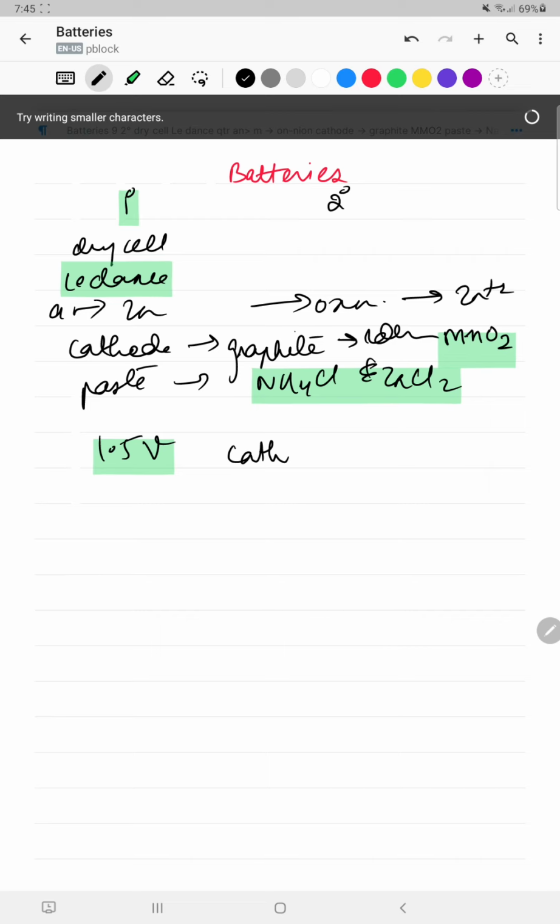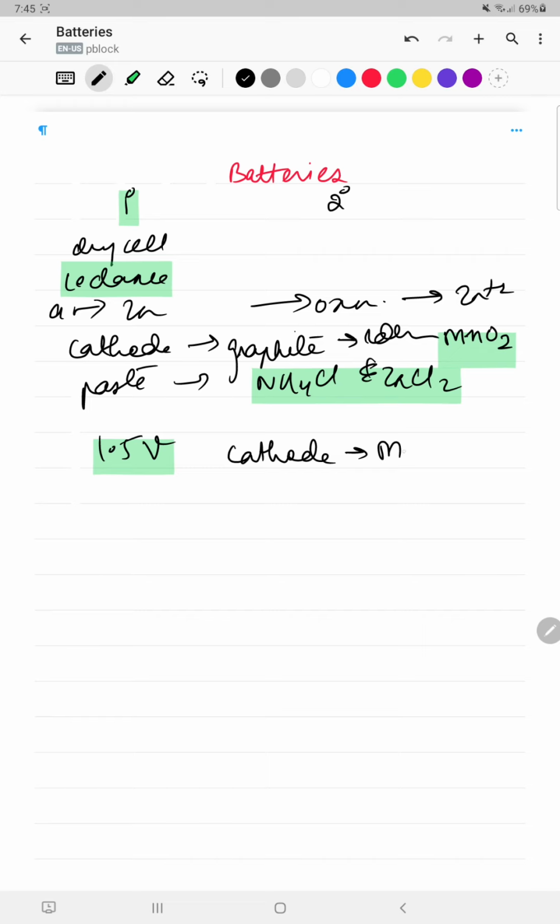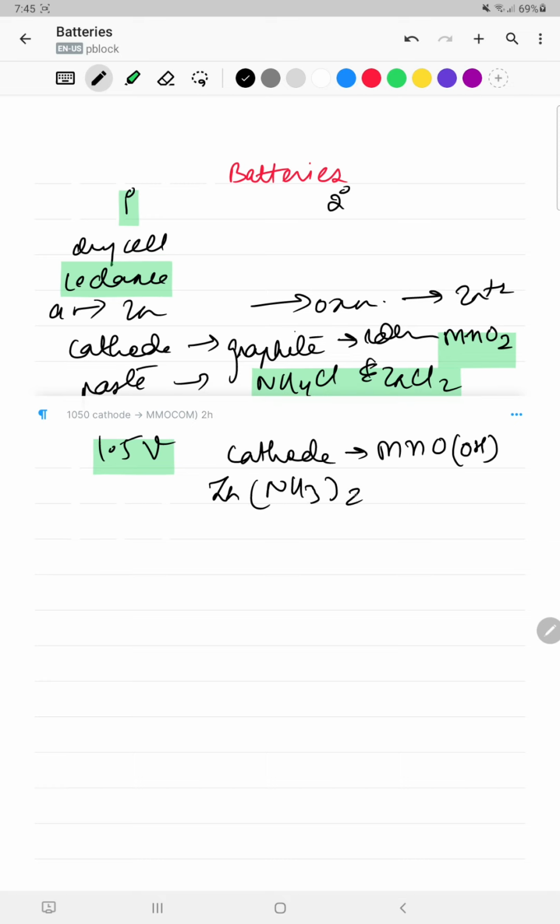On cathode actually this complex is formed. Also another coordination compound is formed which is called ZnNH3. This will make sense. Cool. So we need to remember this, and we need to remember this, and of course 1.5 volt.